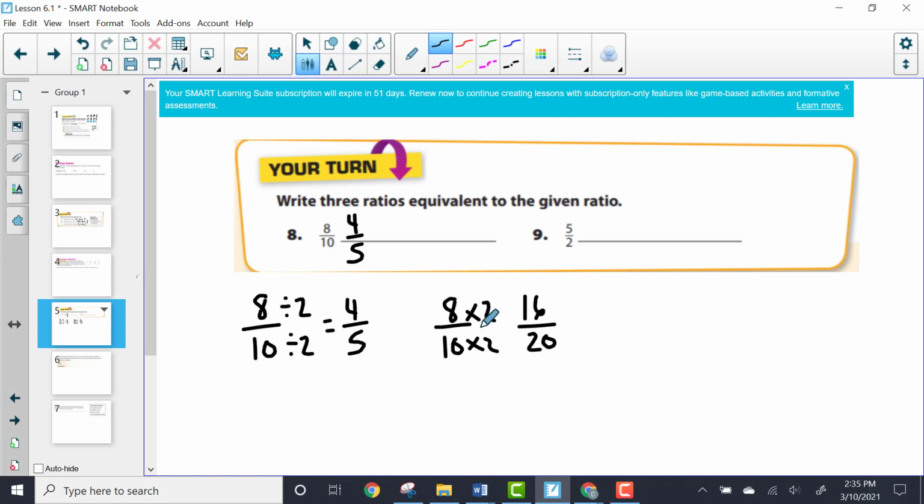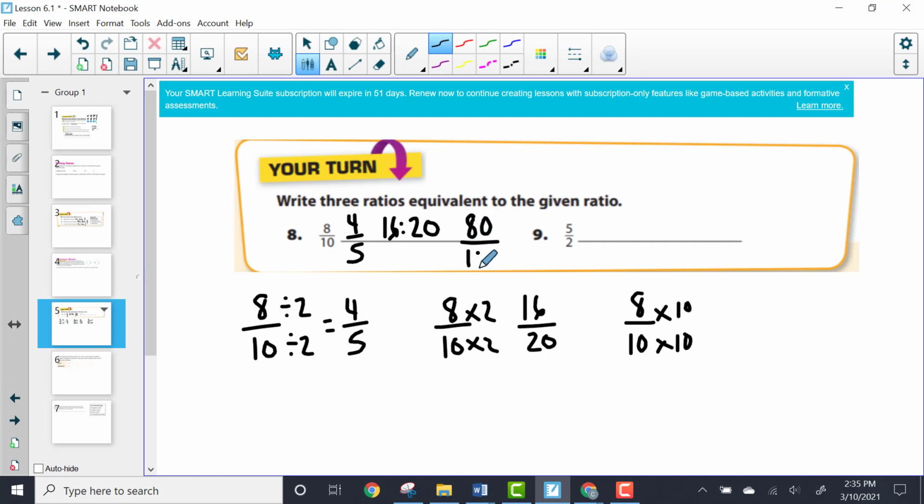Again, what you do with one term, you have to do to the other. So I'm just going to write this the other way, 16 to 20. So 8 to 10, you can multiply both numbers, let's say by 10, and that's going to give me the ratio of 80 to 100.